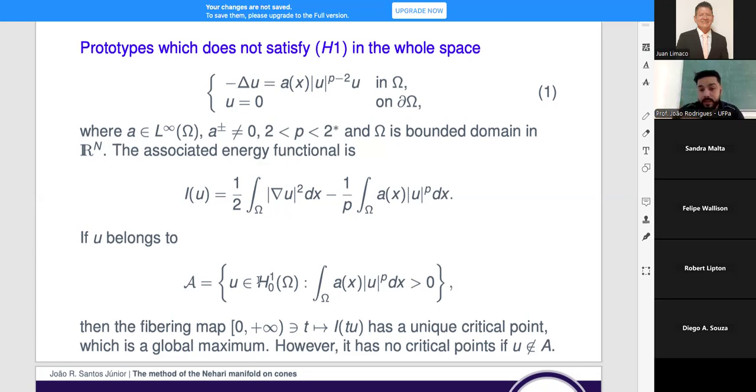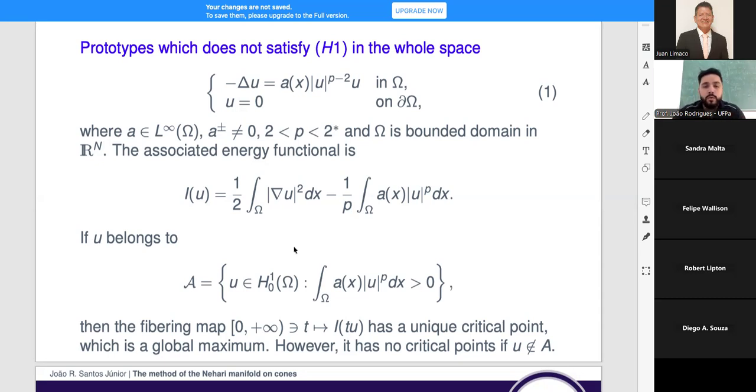But if you consider some function u outside of this set, the fiber has no critical points. So this is a very simple example of a problem in which the hypothesis (H1) is not satisfied for all functions u different from 0 in the Sobolev space.